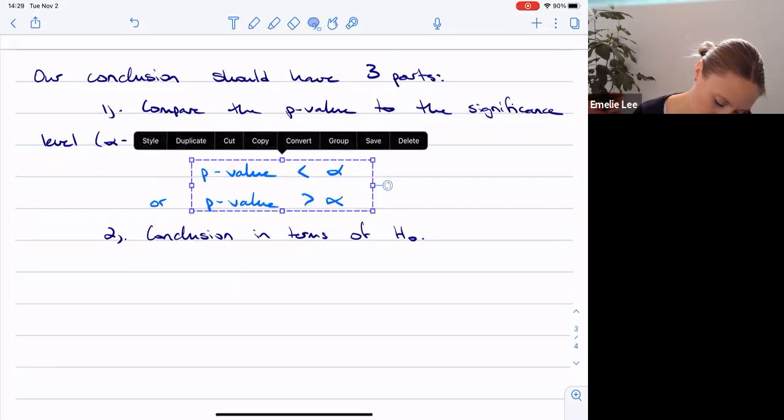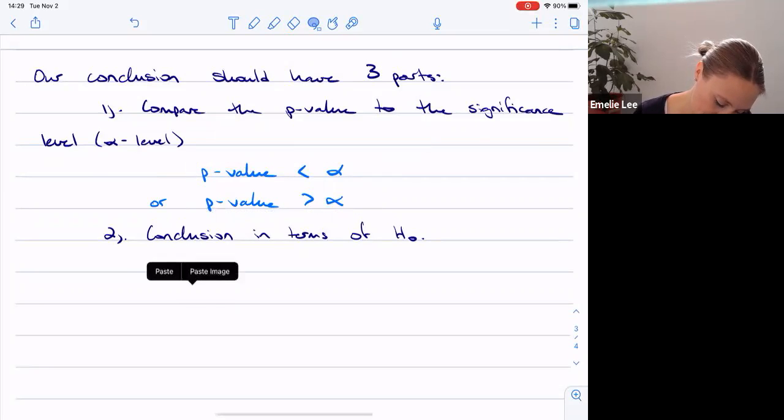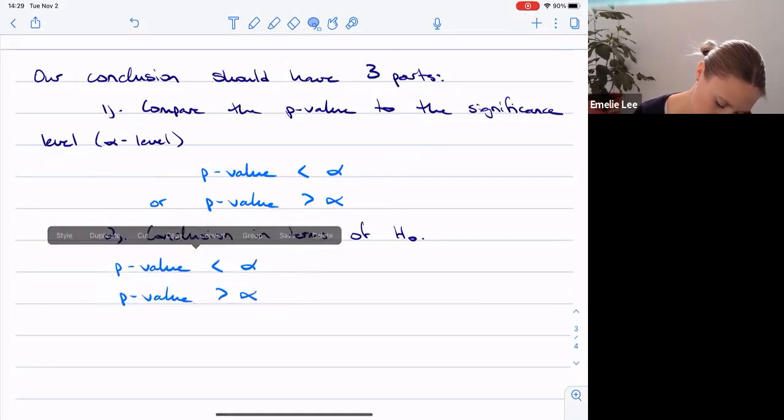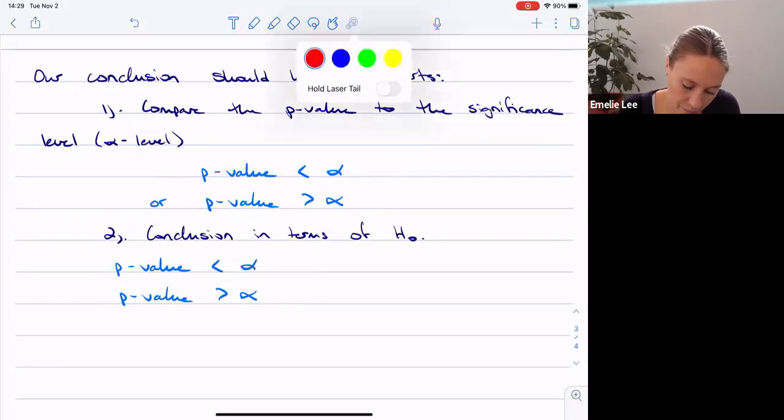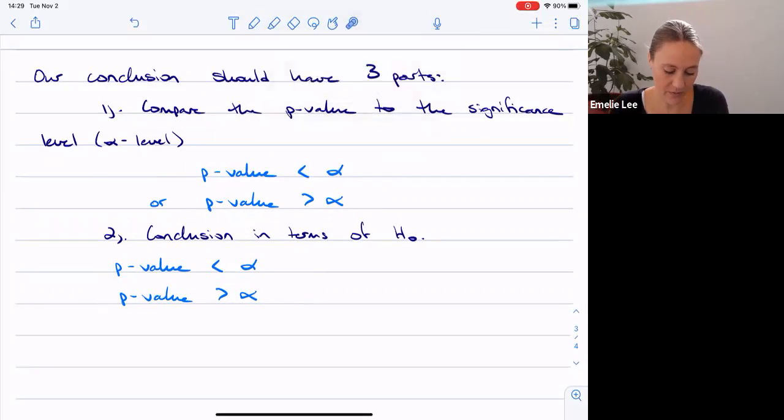So depending on what happened here, I'll use that to state my conclusion in terms of the null hypothesis, right? The p-value, by definition, remember, is the probability of seeing something as extreme or more extreme, assuming the null hypothesis is true.